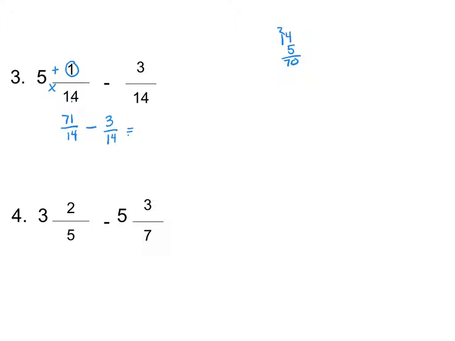So then now I just do 71 minus 3, which would give me 68/14. And I can simplify that. So I could divide the bottom by 2 and the top by 2. So then I would get 7 on the bottom, and then I would get 34 on the top.